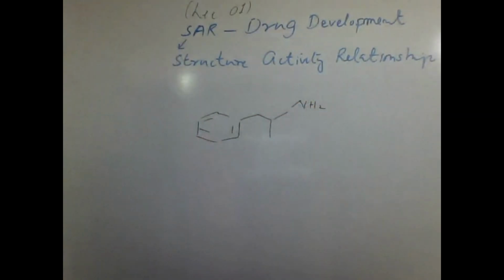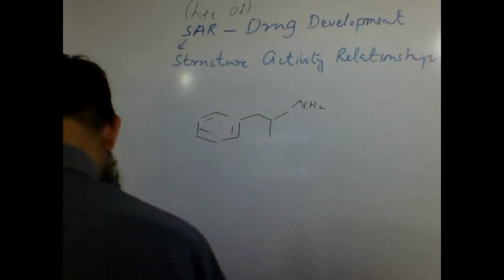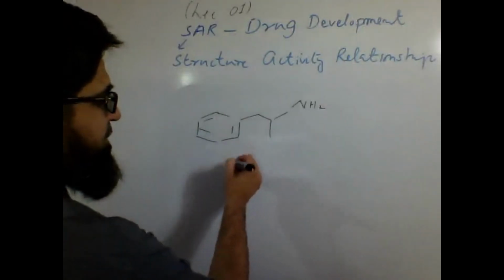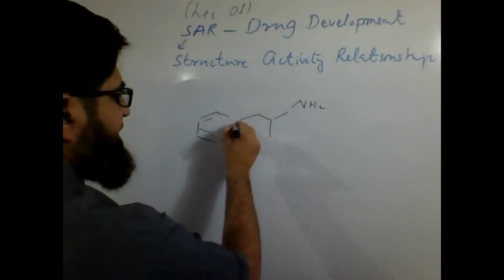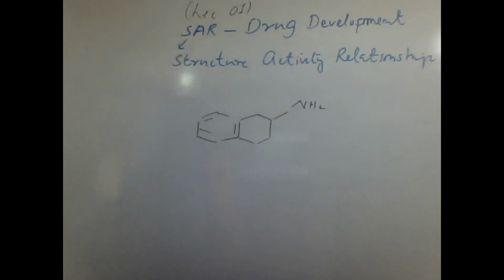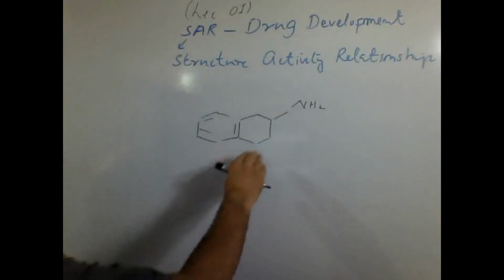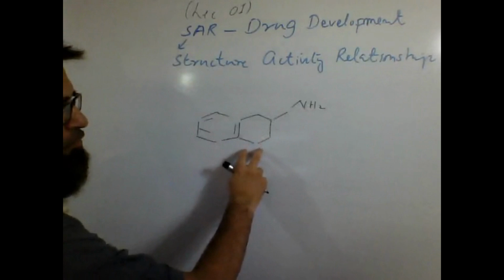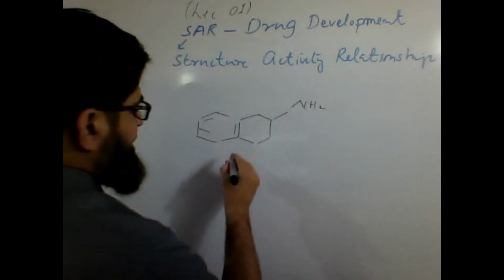This is amphetamine, again somebody came up and what they did, actually, they closed this ring down, something like that. Okay, they prepared a new amphetamine having a carbocyclic ring over here.